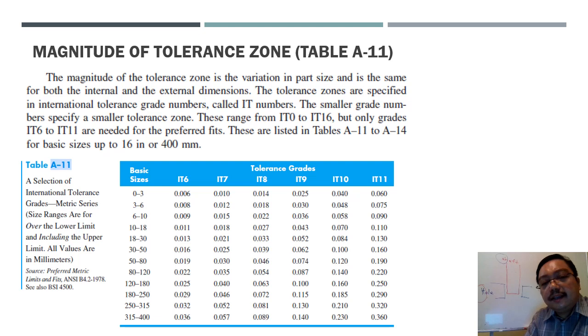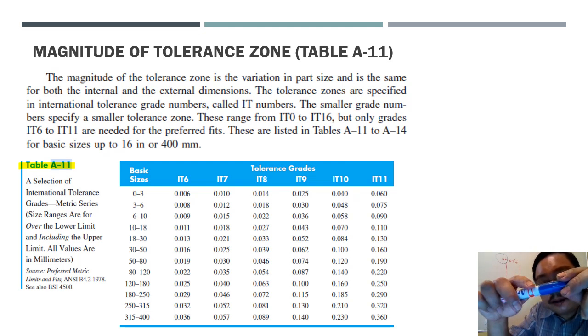You can see here the magnitude of tolerance zones is depicted in Table A-11. This says that the smaller the size, the smaller the tolerance. Like say this is my marker cap, and it is put in this, so the tolerance is within this range.